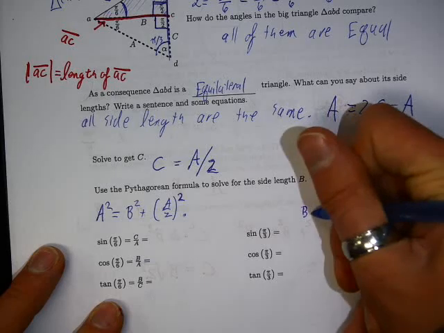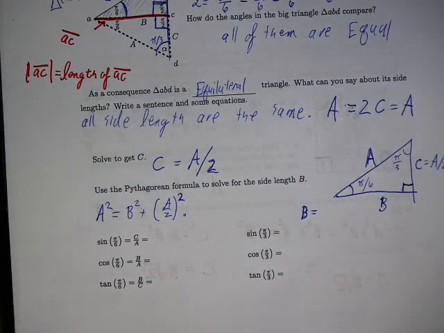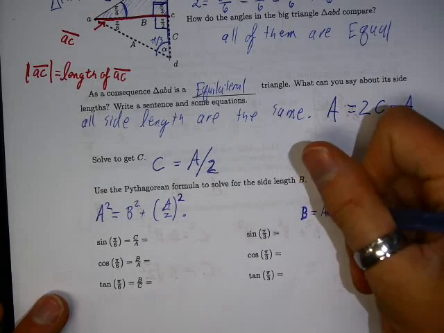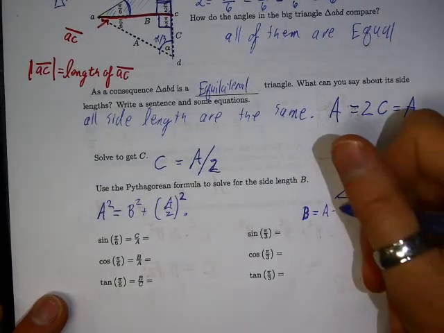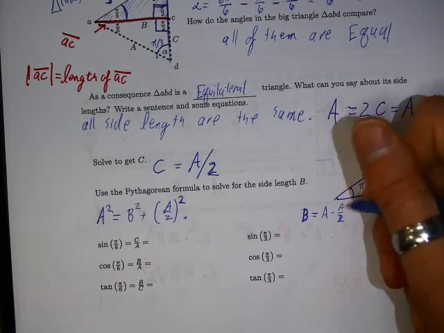Once you have it, tell me what you got. B equals A minus A by 2. I think that you have made an error with your square roots.